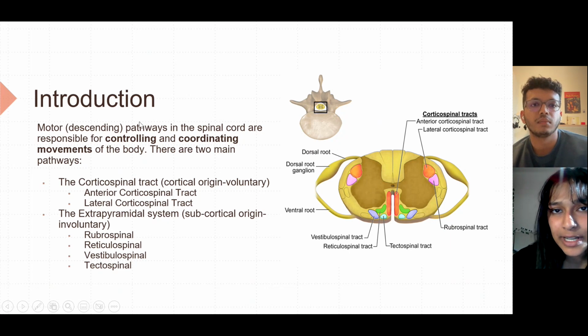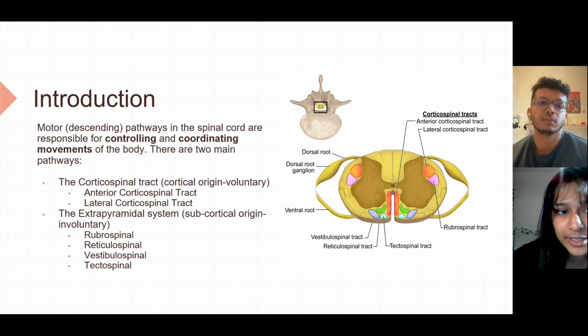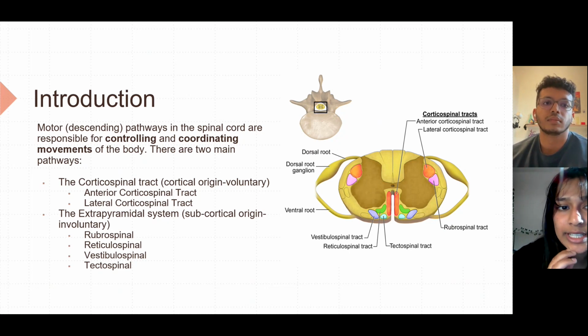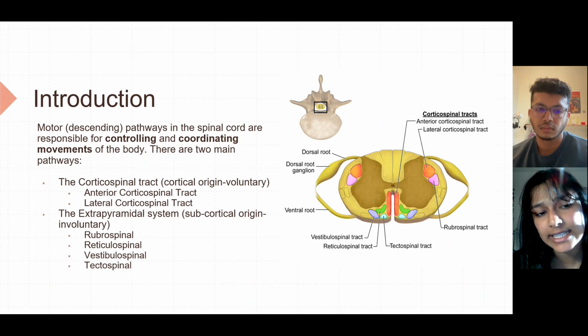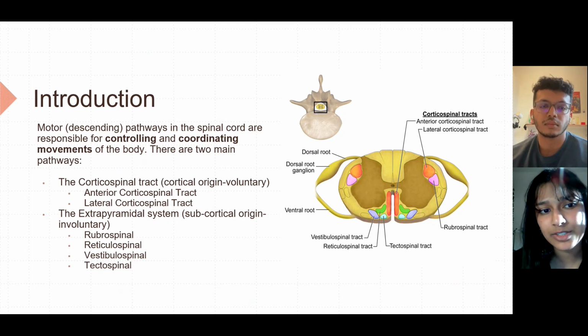So your motor pathways are the descending ones. The ascending ones are sensory, descending motor, and they're responsible for controlling and coordinating movements in the body. You can split it into two: the corticospinal tract and the extrapyramidal system. The difference is just where they originate.